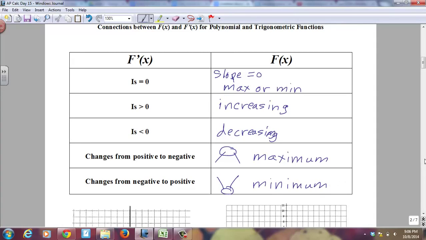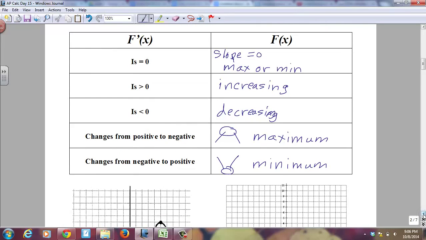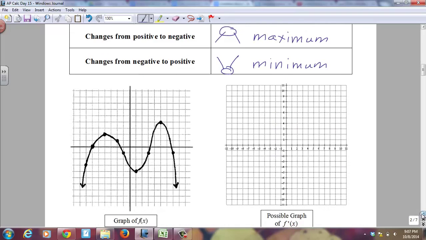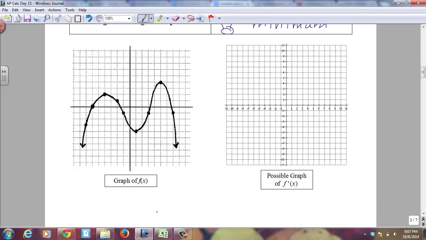So we've kind of looked at that, and now we're formalizing a little bit, and we're going to get some practice. So for this one, given the graph of f of x, it's important to point out that this is the graph of f of x, not the derivative. And this over here, we're going to graph possible derivative function.